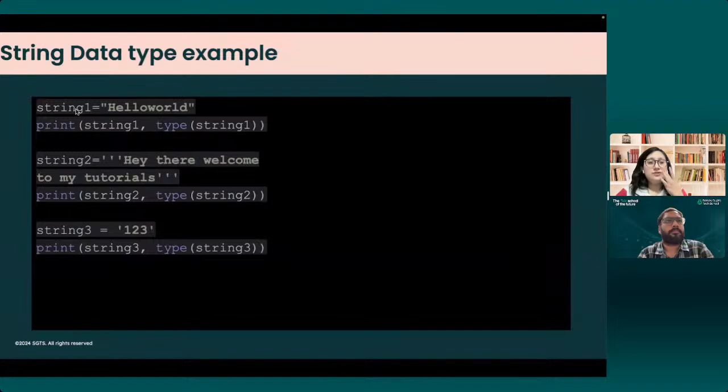So here we have string 1 equals hello world, and if I pass string 1 in the print function, we have hello world over here. Then we have type. What is the type of string 1? Of course, it is going to be string. Now, over here, I've taken triple quotes into consideration with "hey there, welcome to my tutorials."